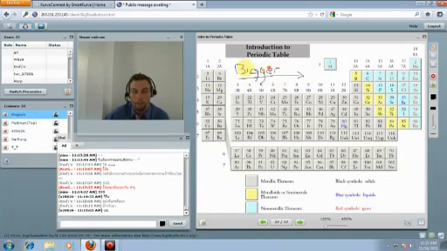Okay, so they're getting bigger as they go to the right, and they're also getting bigger as they go down. So hydrogen, as you can guess, is the smallest element. Can anyone guess which is the biggest element?